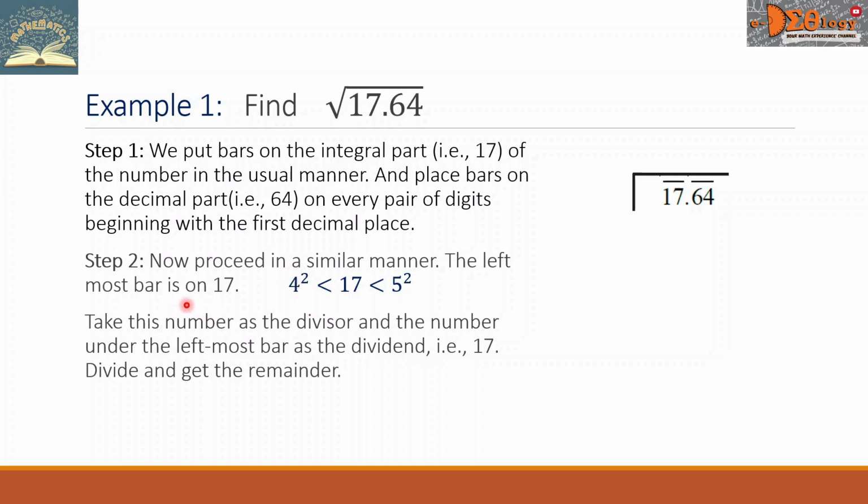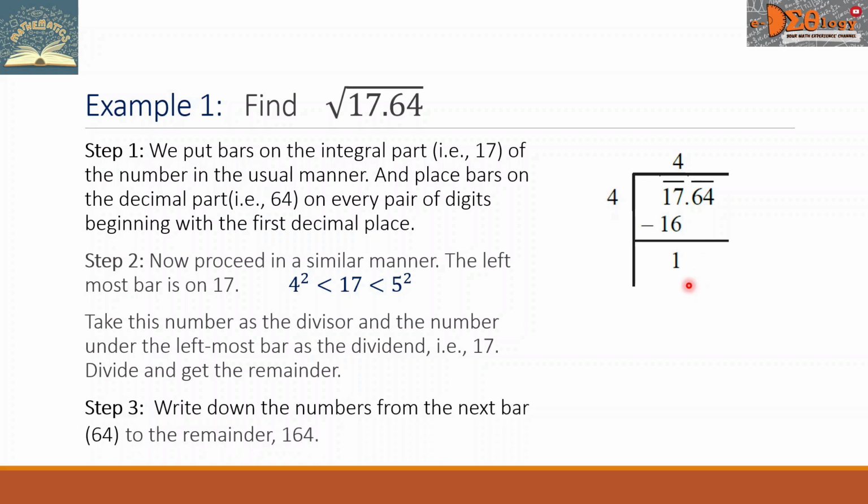This number 4, we will take as the divisor, and the number under the leftmost bar as the dividend. So we write number 4 here and also here on top of 17. We multiply 4 by 4, we will get 16. When we subtract, the difference is 1.